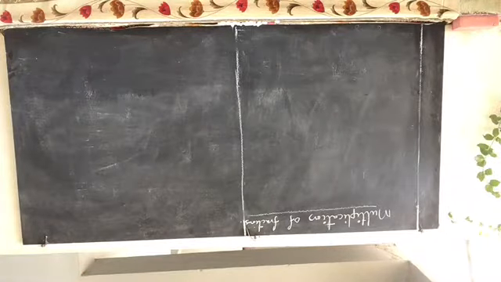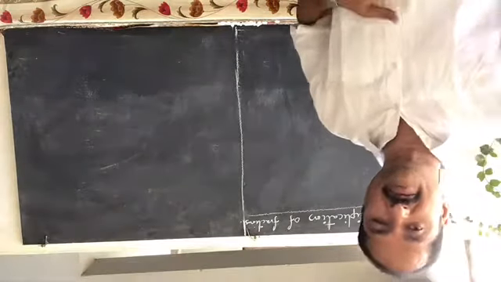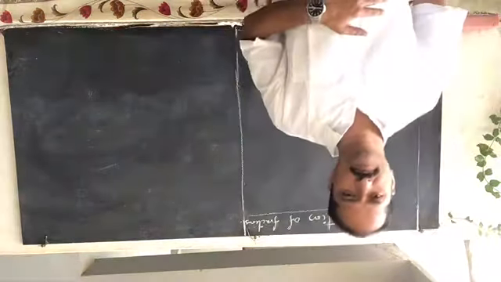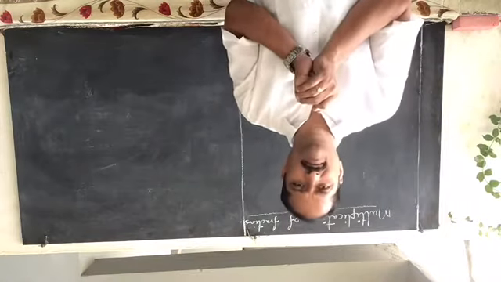Now this is multiplication of fractions. For multiplying fractions, there are 3 types of multiplications. Multiplication of a fraction with a whole number.